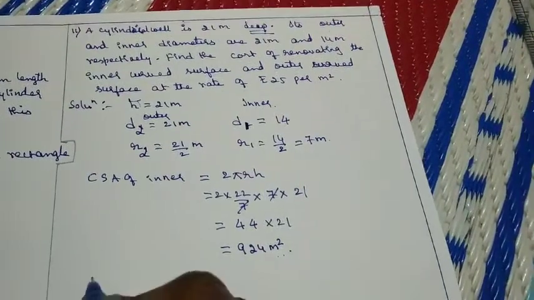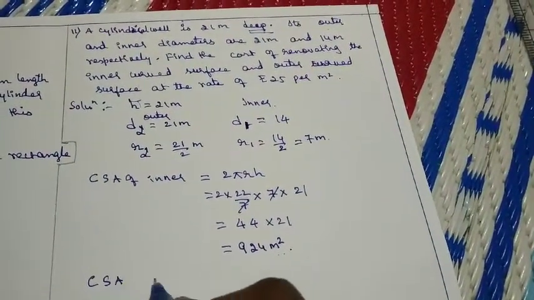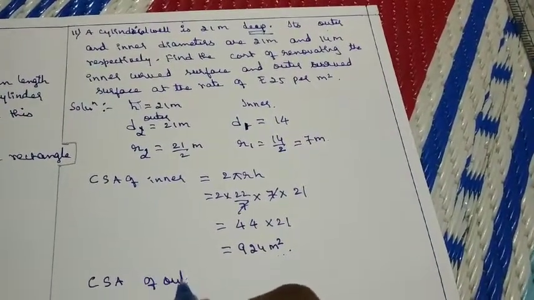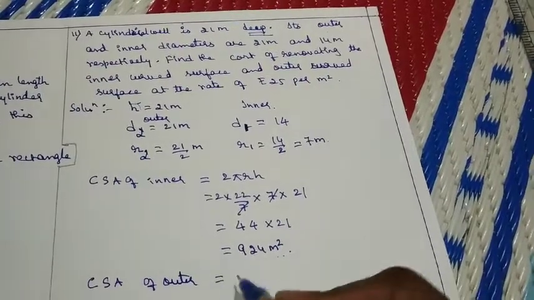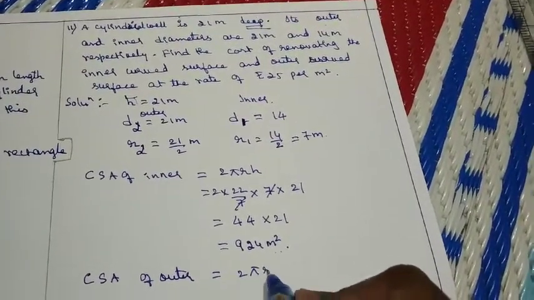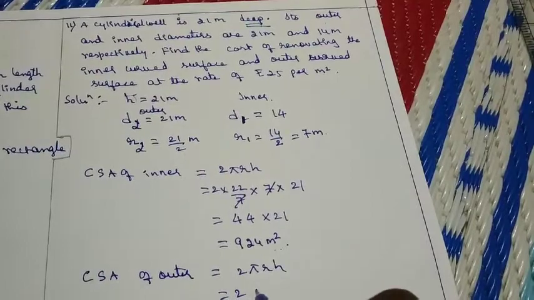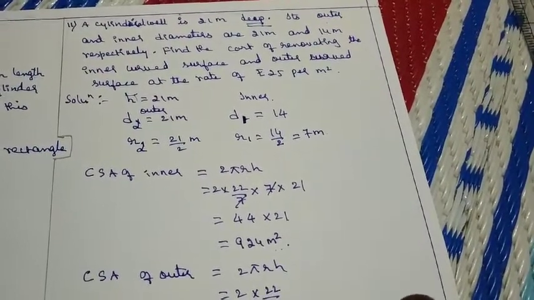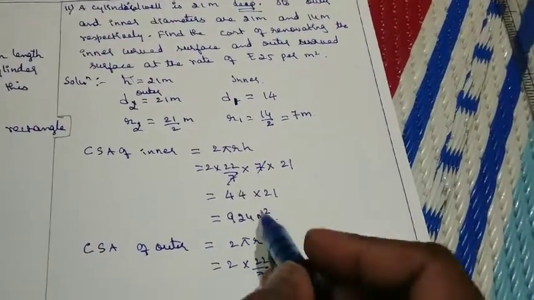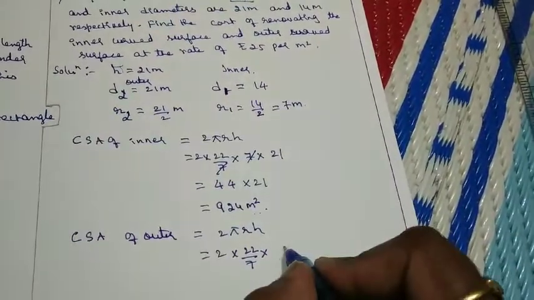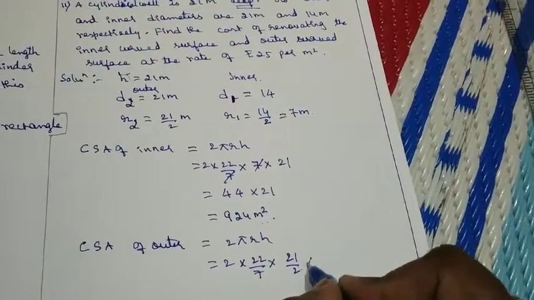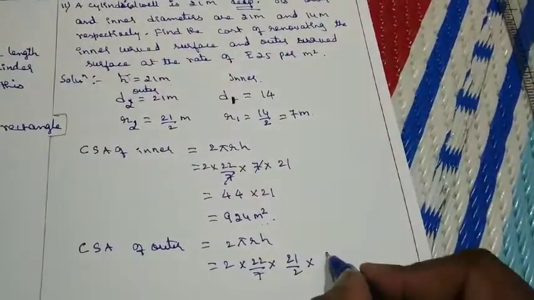Next, CSA of outer cylinder or outer cylindrical well, 2 pi RH, which is 2 into 22 by 7 into the outer radius, that is 21 by 2, into height which remains the same, that is 21.